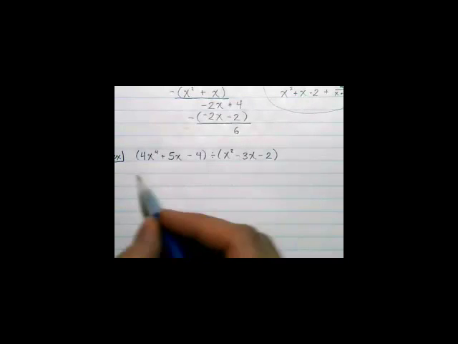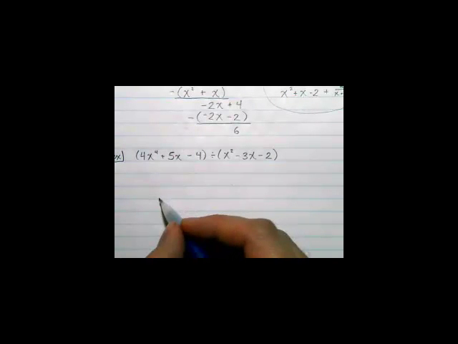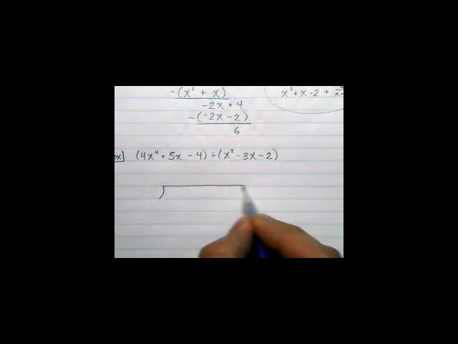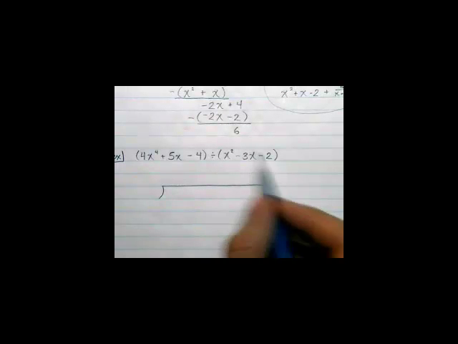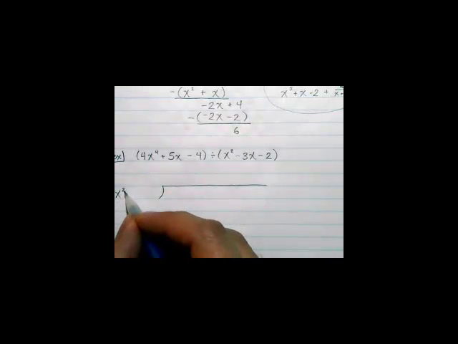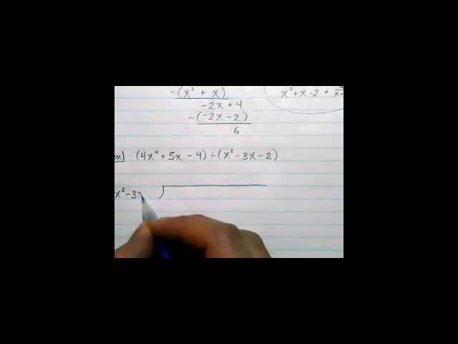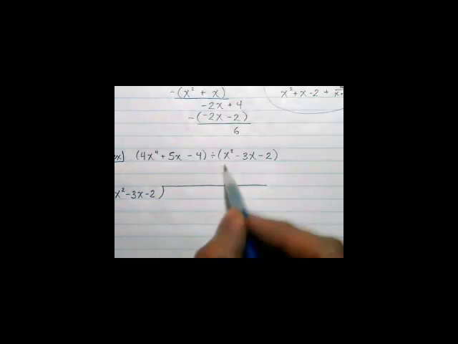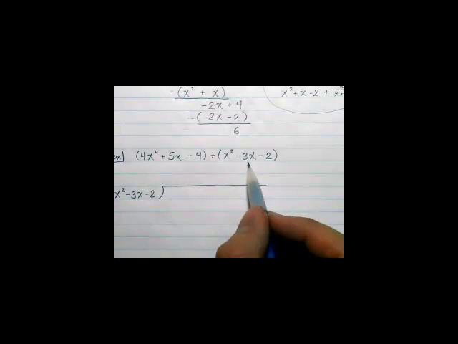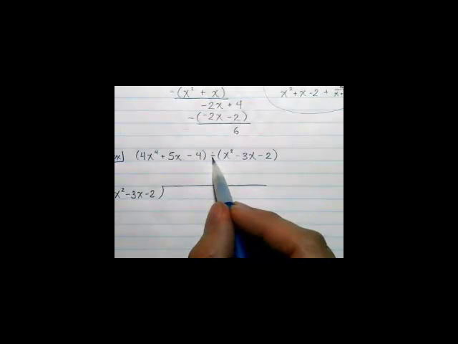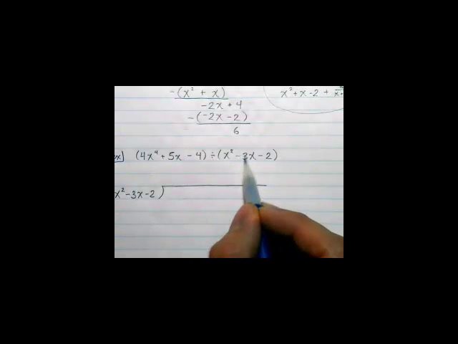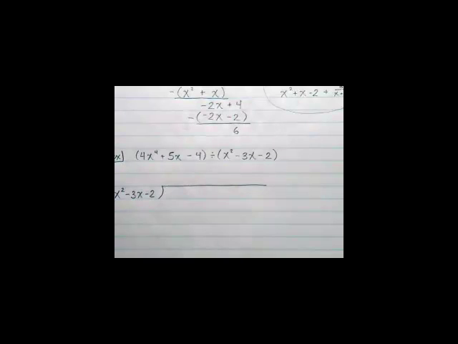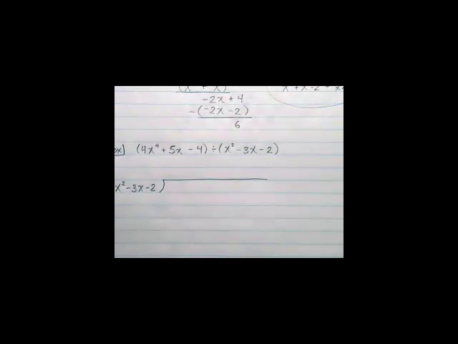So this is going to go underneath the house, if you will. And this is the divisor, so it's going to be out here. Whichever one comes second is the divisor, because this is divided by that, right? So that needs to be here. I just think of it, the first one goes in the house because it gets there first.